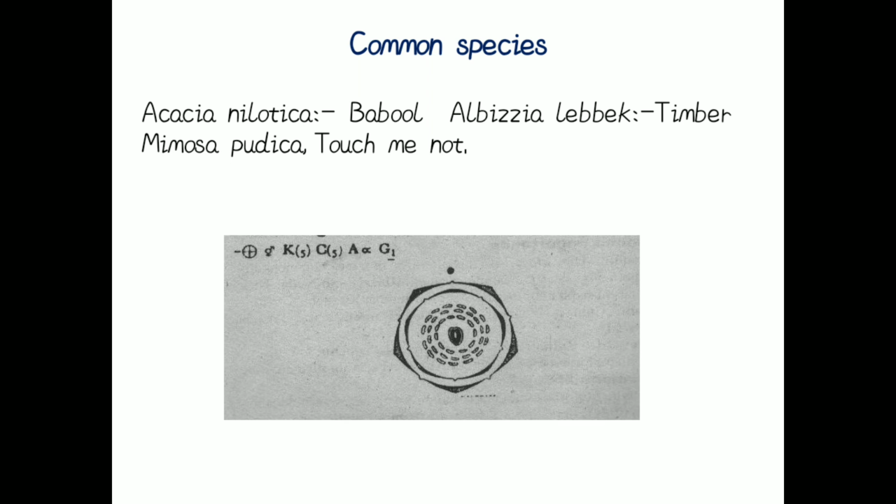Common species: Acacia nilotica, common name babul; Albizia lebbeck, timber; Mimosa pudica, that is the touch-me-not plant.